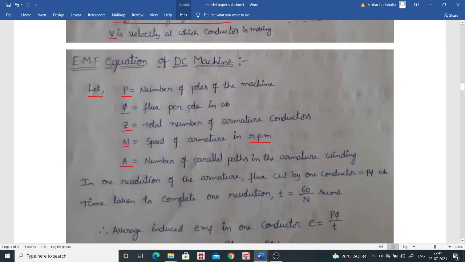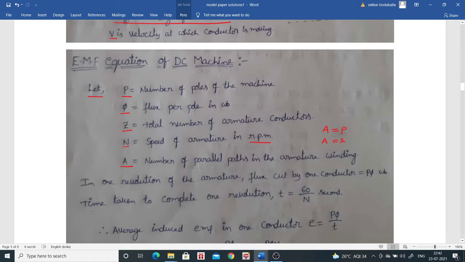A is the number of parallel paths in the armature winding. If it is a lap winding, A is equal to the number of poles of the machine, that is P. If it is a wave winding, A is always equal to 2. I hope up to here it is clear.